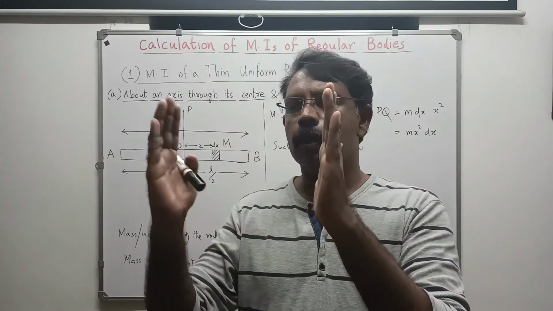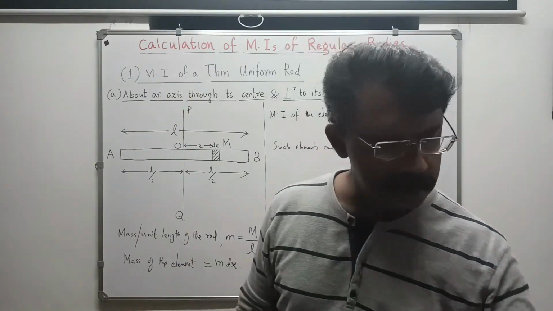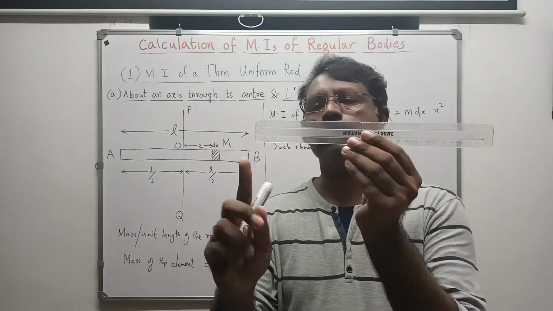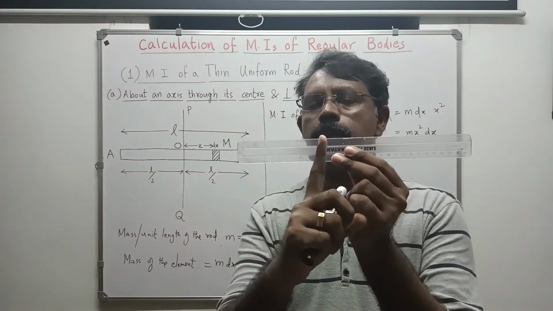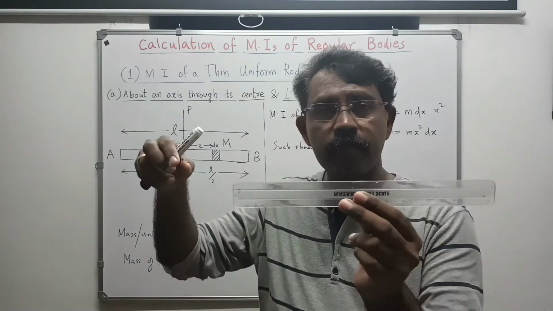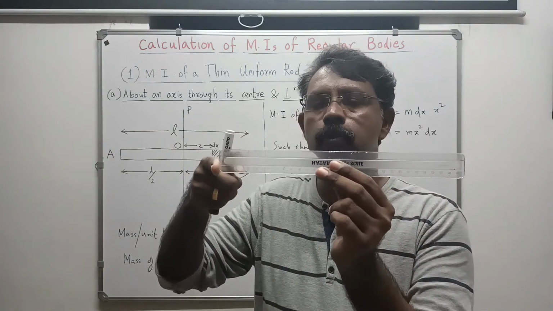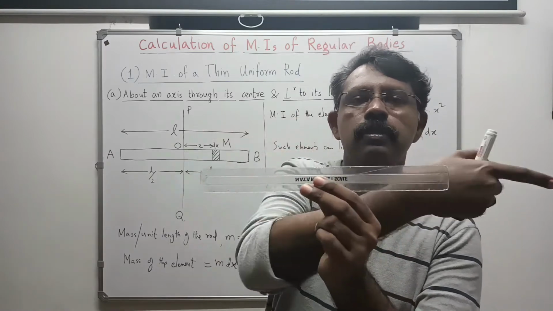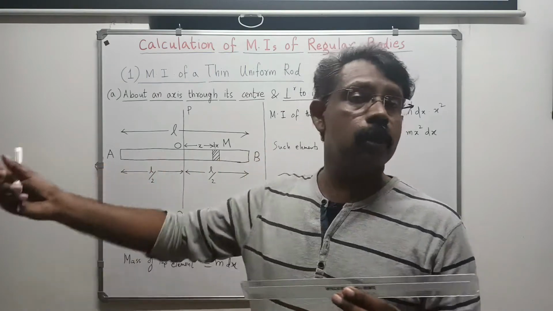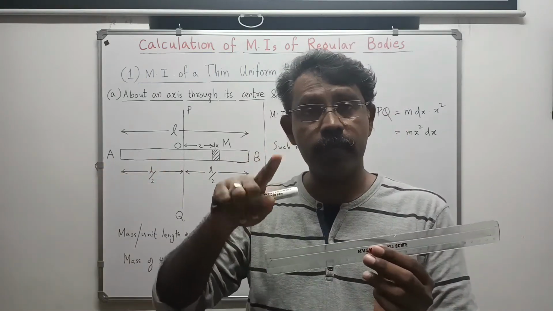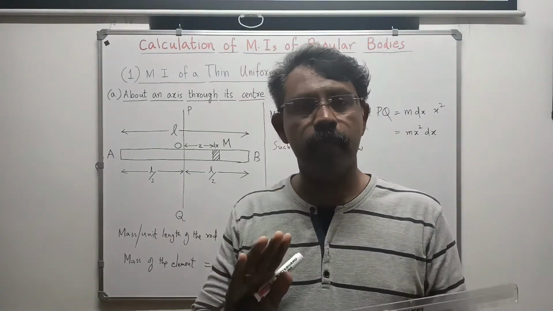Small strips can be here, here, like that, and can come to the center. So the range over which these strips will lie is from minus L by 2 to plus L by 2, crossing 0. So how will you integrate? In order to get the moment of inertia of the whole rod, you have to integrate this expression. Hope you are familiar with the process of integration. Integrate and apply the limits.